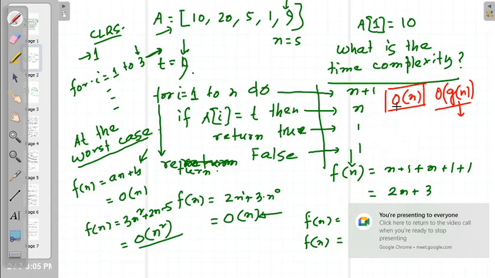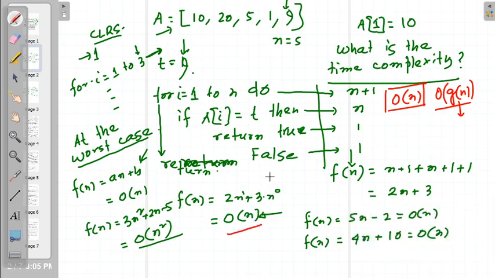So this order of n we have seen here is coming from searching an array. This is the searching problem, and from there we have seen how this expression, 2n plus 3, is coming, and then that this boils down to order of n.